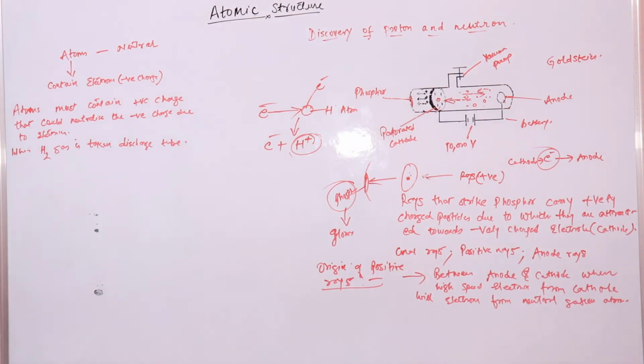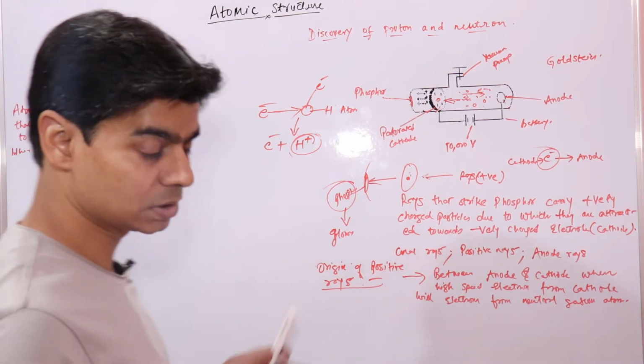And when other gases were taken, the mass of the positive particle was found to be a whole number multiple of the mass observed for hydrogen gas. This suggested that the positively charged particles of other gases are made up of clusters of positively charged particles made from hydrogen atoms. This is what was supposed.